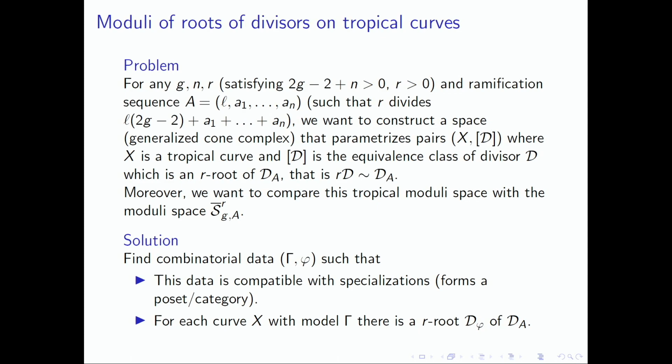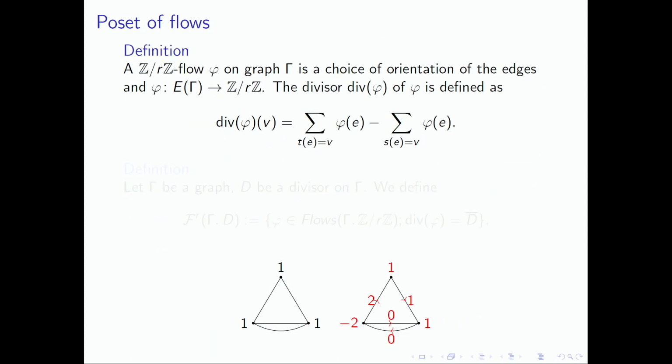So these two elements should recover the pair X and D on a tropical curve. And so what are the relevant combinatorial data that I want to emphasize here that reconstruct, in some sense, the roots of a divisor on a tropical curve? So this is done by the notion of flow on a graph.